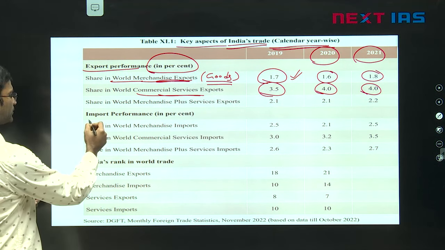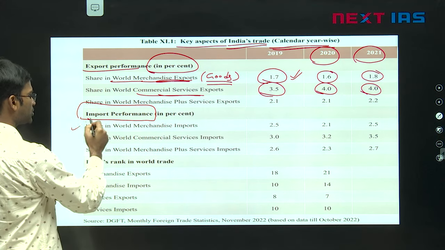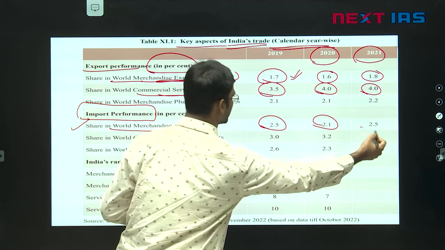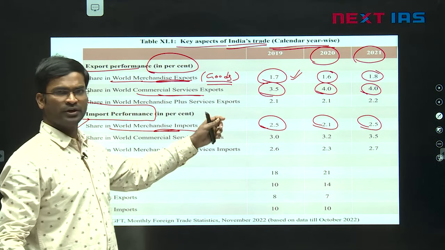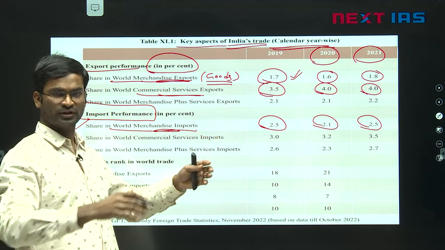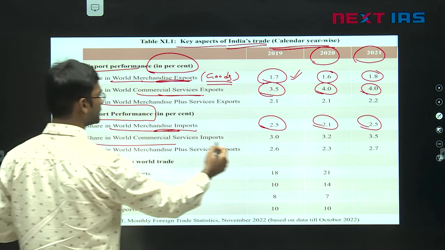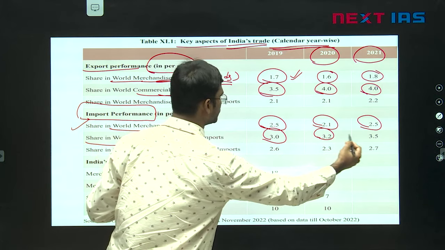Now look at imports. Share in world imports 2.5, 2.1, 2.5. You can see here India imports more goods in the global trade than it exports. Then look at services imports: 3, 3.2, 3.5.